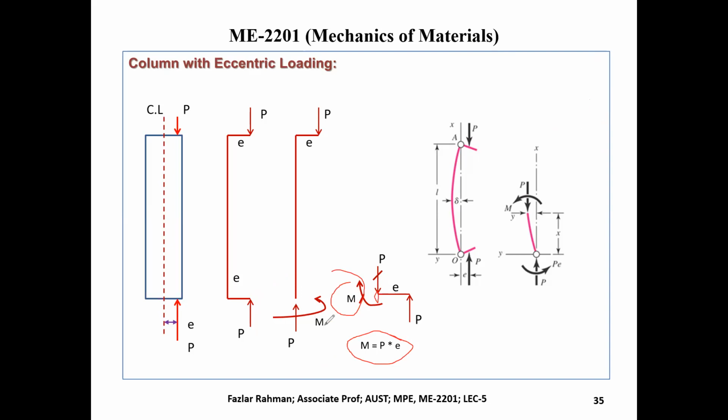If E is 0, then there will be only P, and M will be 0. So you see this point right over here. Now two forces are working at this point: upward vertical force and this bending. And this bending is, you see, anti-clockwise.